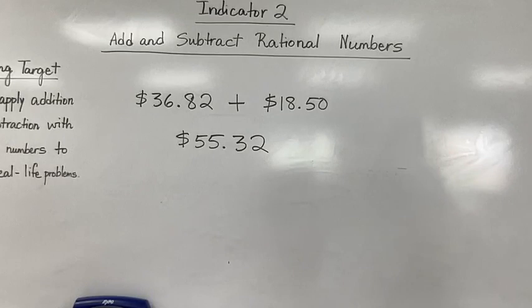Okay, so now let's go on into problems in which I need to know about rational numbers. The rules that apply to adding fractions and decimals also apply to rational numbers. And the rules for adding integers also apply to positive and negative rational numbers.